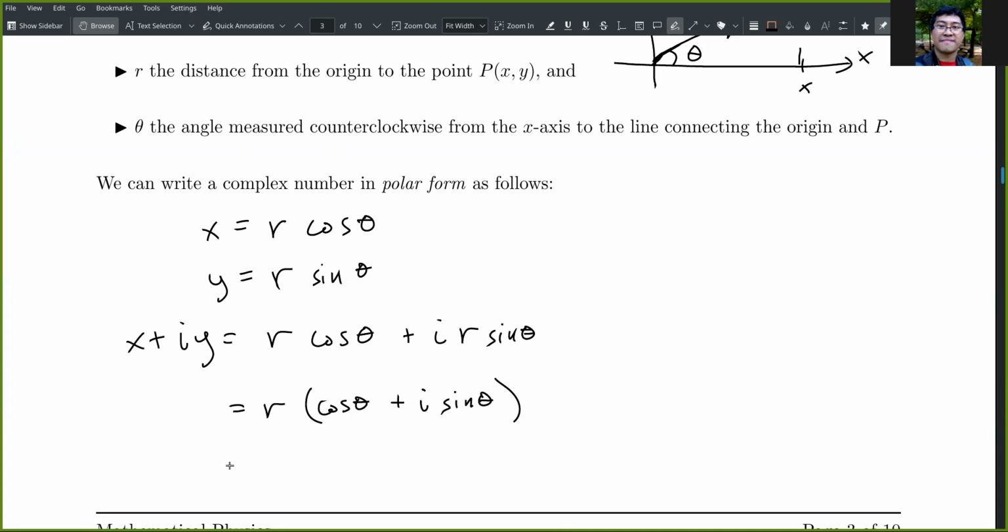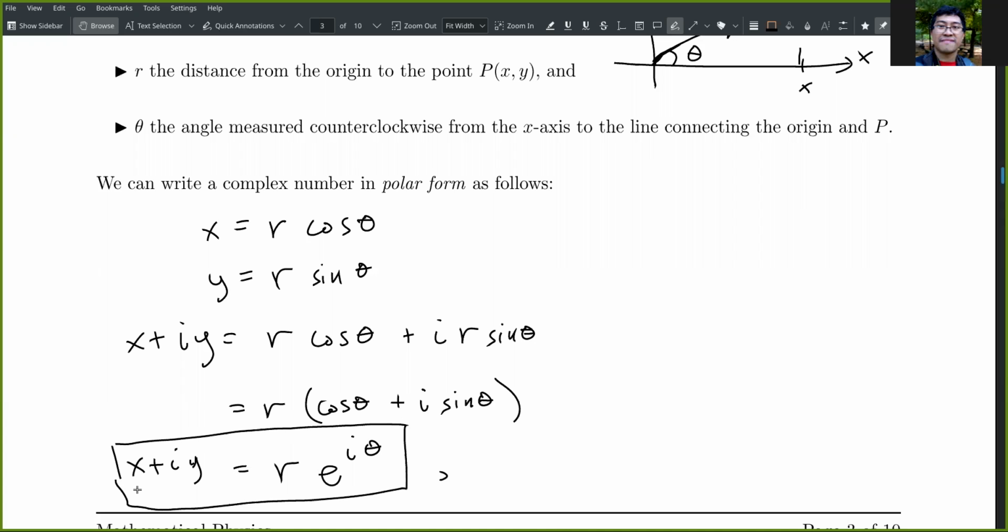This term here, we can write as exponential of i theta, so this is our polar form, where e to the i theta equals cosine theta plus i sine theta. This is called the Euler identity.